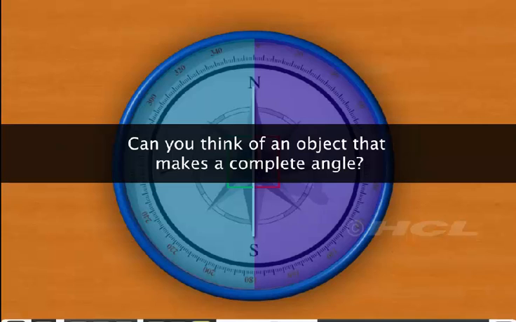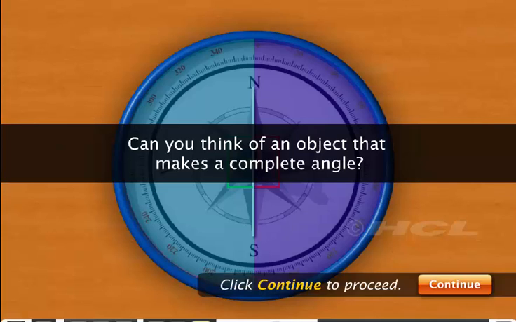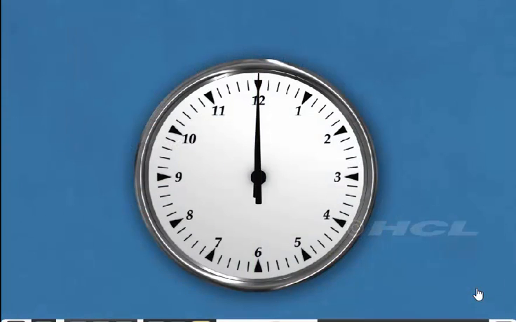Can you think of an object that makes a complete angle? Remember how the hands of a clock start at 12 and then end up at 12 after taking a full round of the clock? It makes a complete revolution.